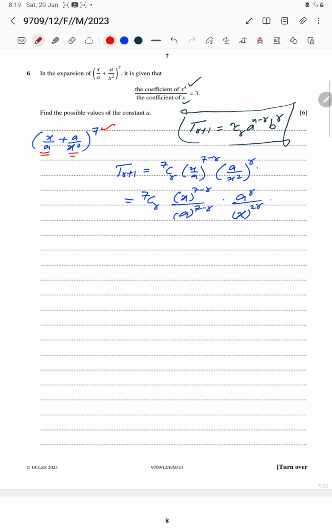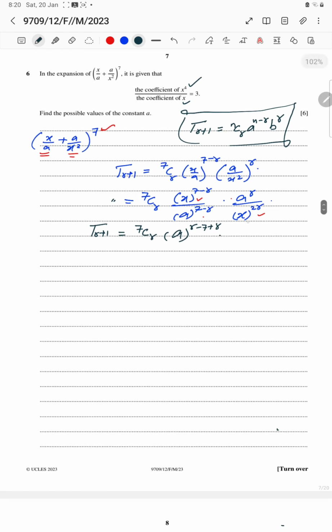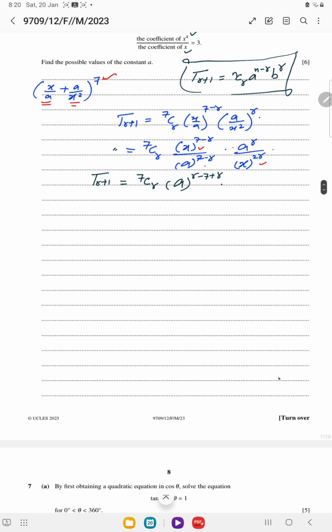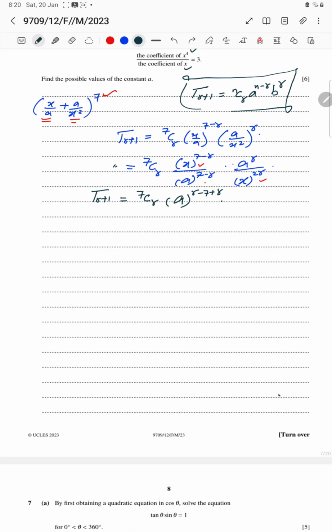Now we have how many terms? We have x here, a. So we need to write them in a single term. So T(r+1) will be 7Cr. If we go with a first, a^r is in the numerator. When the term a^(7−r) goes up, it becomes a^(−7+r).